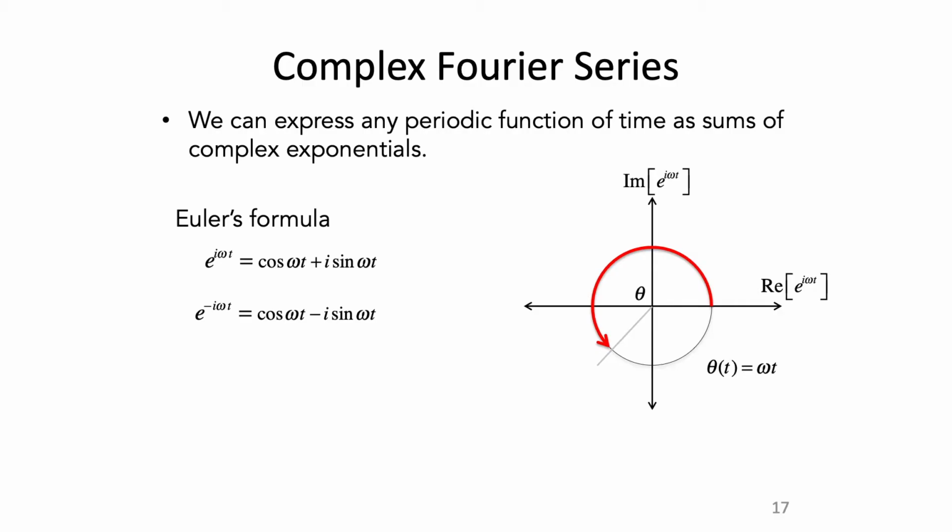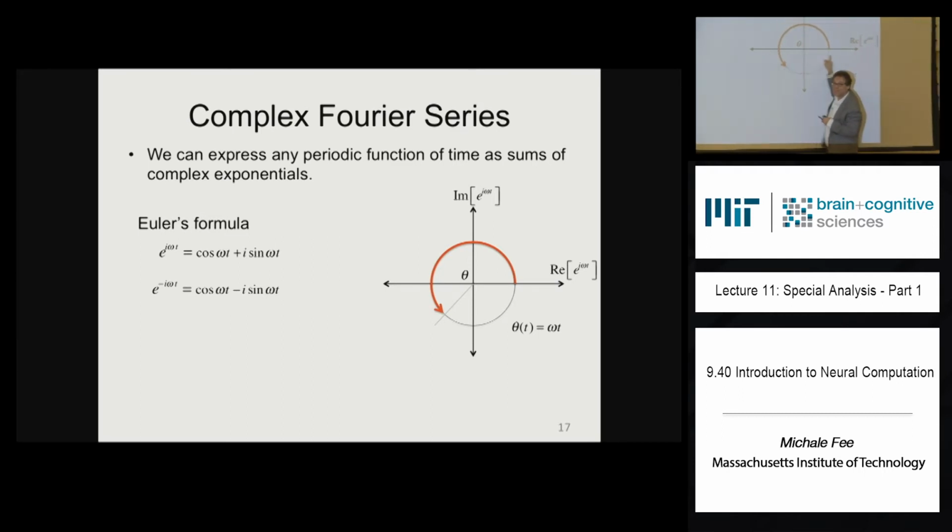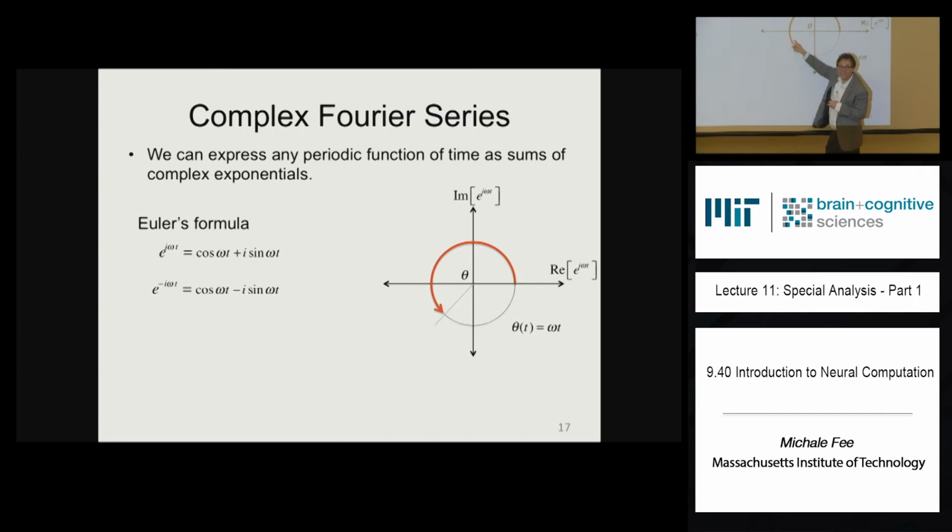E to the I omega t is a function of time. It simply has a real part that looks like a cosine. So as you increase t, or the phase omega t, the real part just oscillates sinusoidally back and forth like this as a cosine. The imaginary part just oscillates back and forth as a sine, right? And when you put them together, something that goes back and forth this way as a cosine and up and down that way as a sine just traces out a circle.